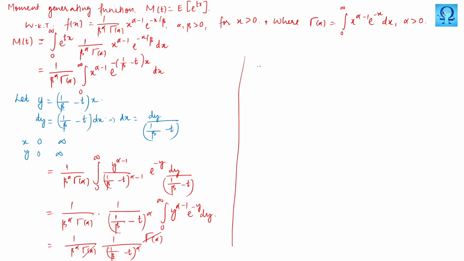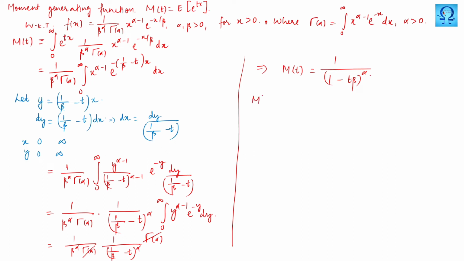Now you can take this beta inside, so that your m of t is what? It is beta per alpha. Here also we have the per alpha, so it doesn't matter. So when you take this beta inside, it becomes 1 minus t beta to the power alpha. This is our moment generating function.